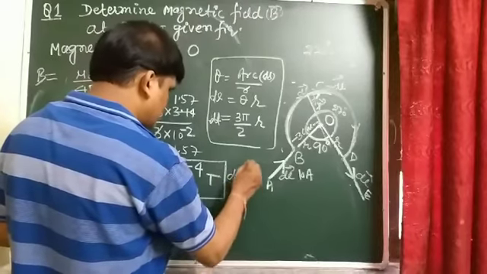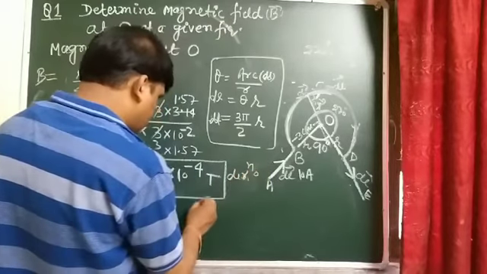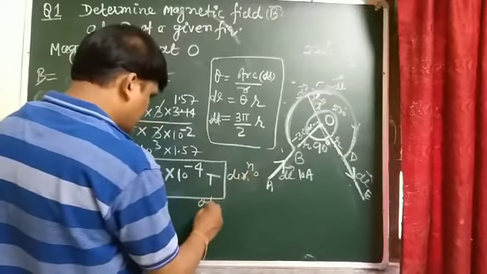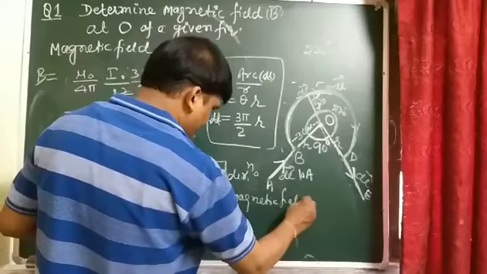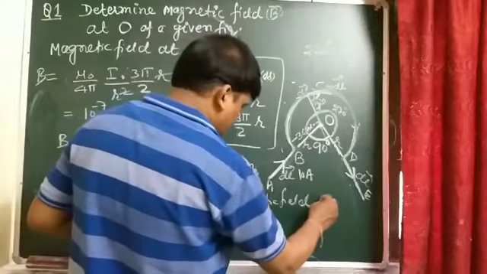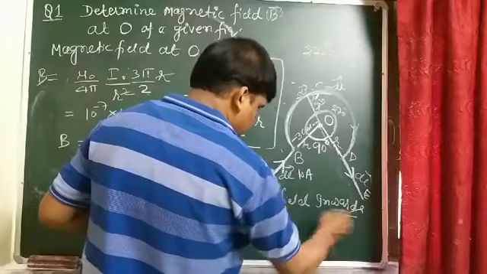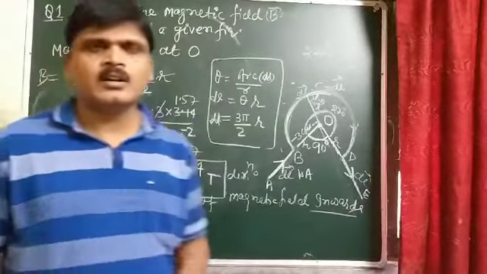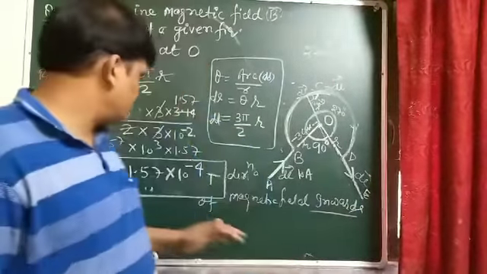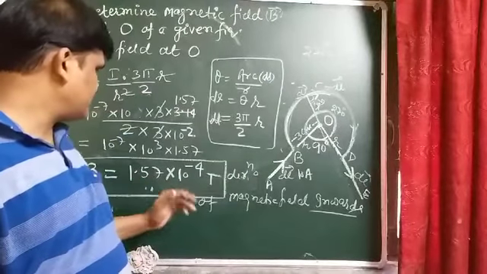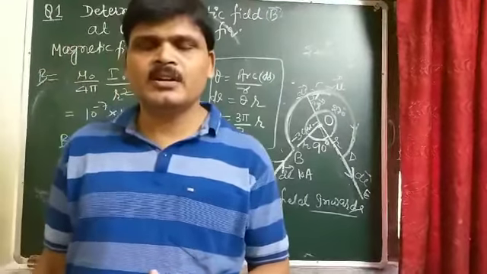The direction of the magnetic field is inwards, and this is the answer of this question. B equals 1.57 into 10 to the power minus 4 T.